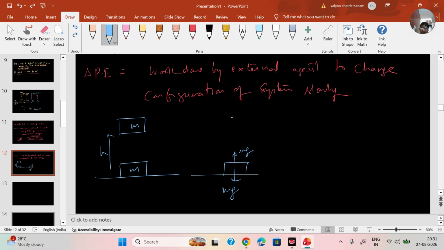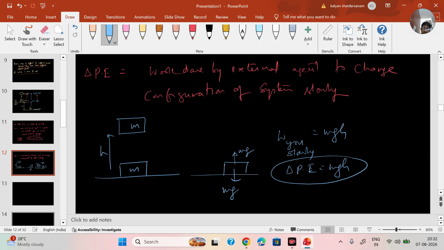So by the time it reaches height h, work done by you will be mgh, because you applied mg and the block went up by h, and it went slowly. So work done by you slowly is change in potential energy. So change in potential energy is mgh.